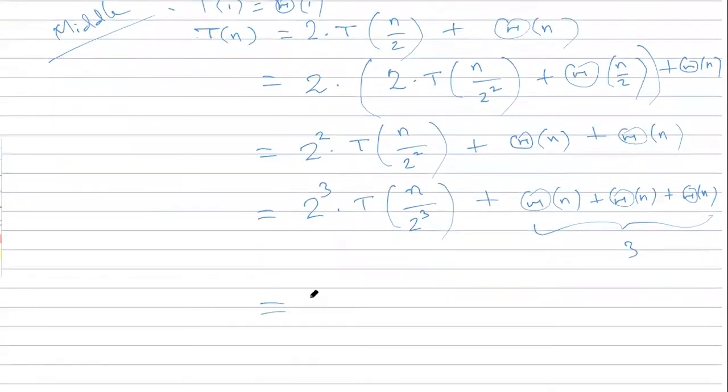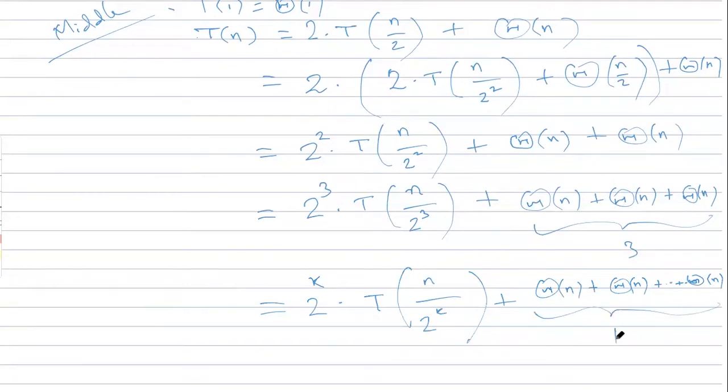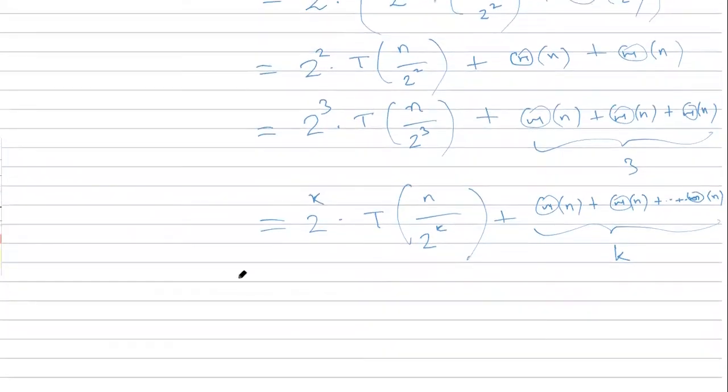So if I have to generalize it, I can write 2 to the power k T of n by 2 to the power k plus order of n plus order of n plus dot dot dot plus order of n, right? This is repeated k times, right?